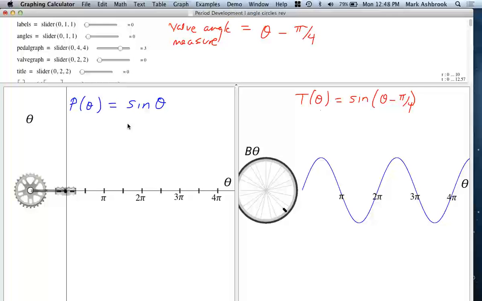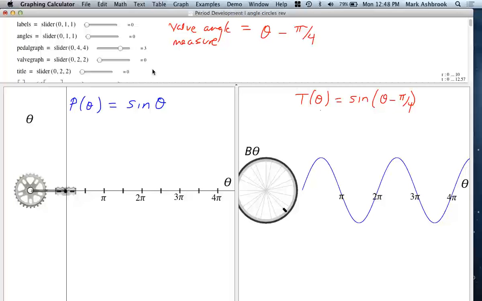And we'll put that over there. That's the same graph, okay? What is the tire valve, the T function, how is that going to graph?